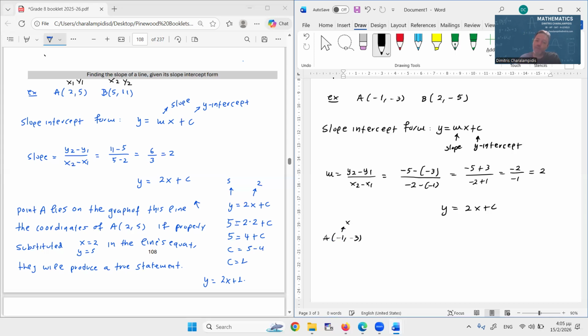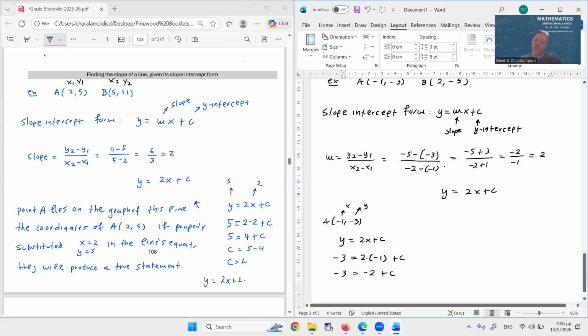That should be x, that should be y, and the y equals 2x plus c will become -3 is 2 times -1 plus c. -3 is -2 plus c. So -3 plus 2 is c. C is -1.